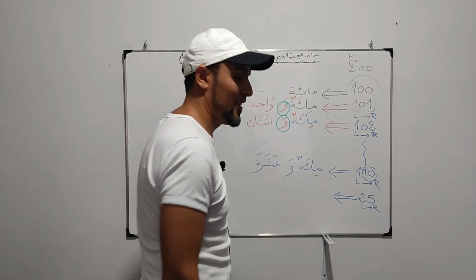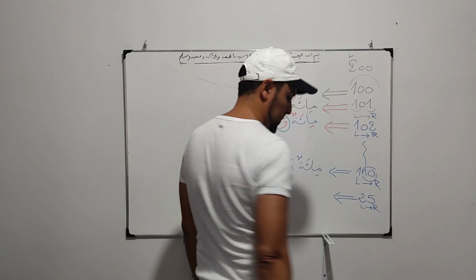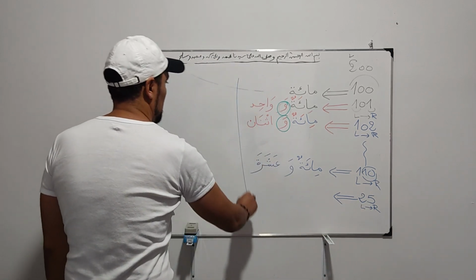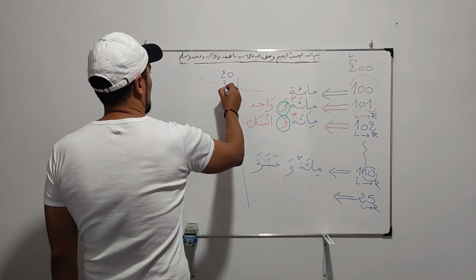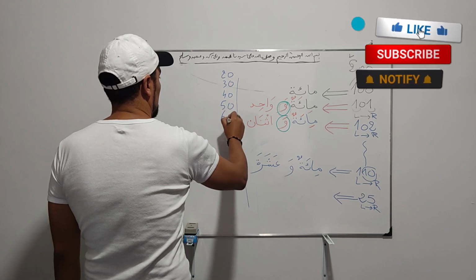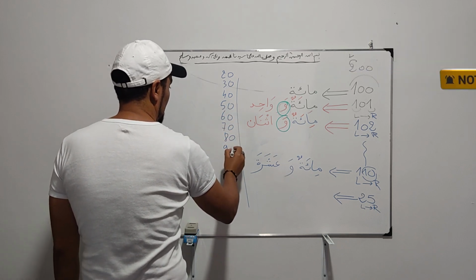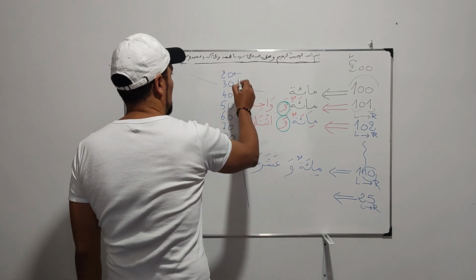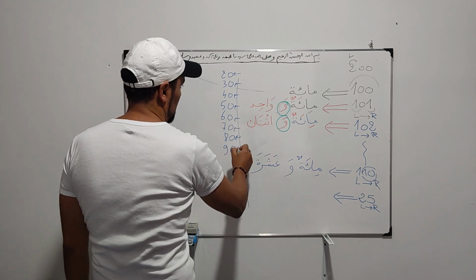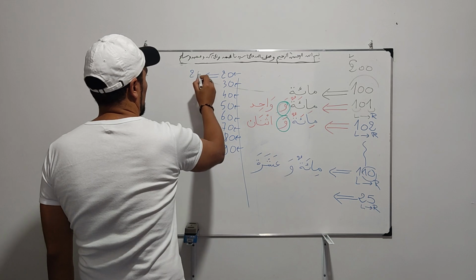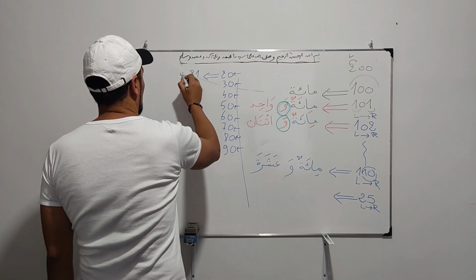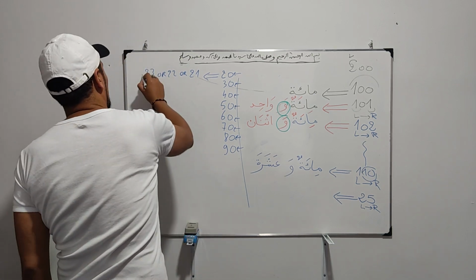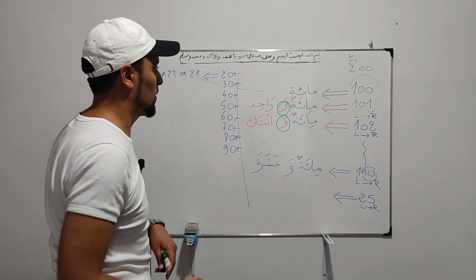But in Arabic, if it comes to numbers from 20 to 90, this order, and you add any number here, for example 21 or 22 or 23 and so on.